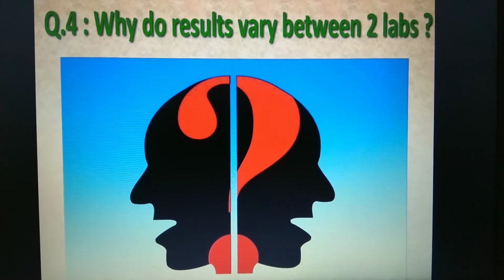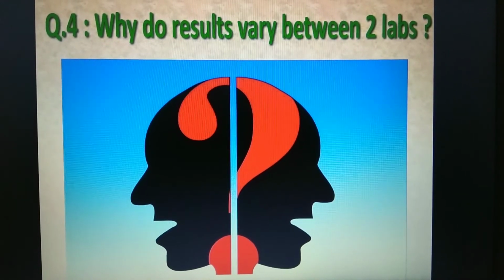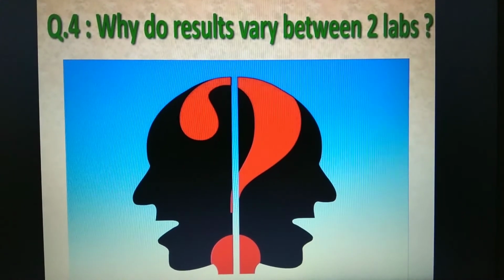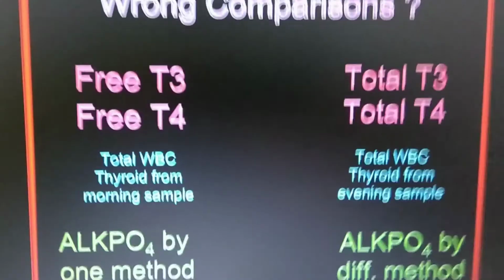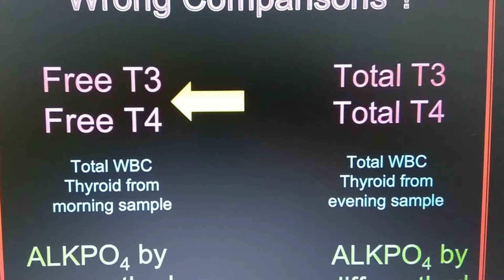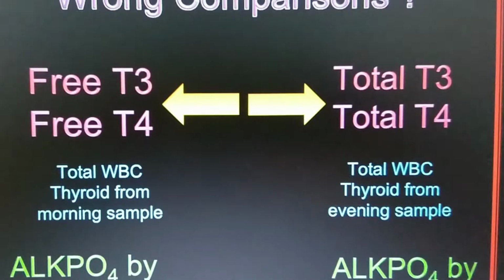The first thing I do is see if indeed there is an actual significant difference, or is the patient misunderstanding something. The most common areas where patients wrongly feel that a mistake has been done are comparing results of free T3, free T4 with total T3, total T4, not realizing that these two are different tests.